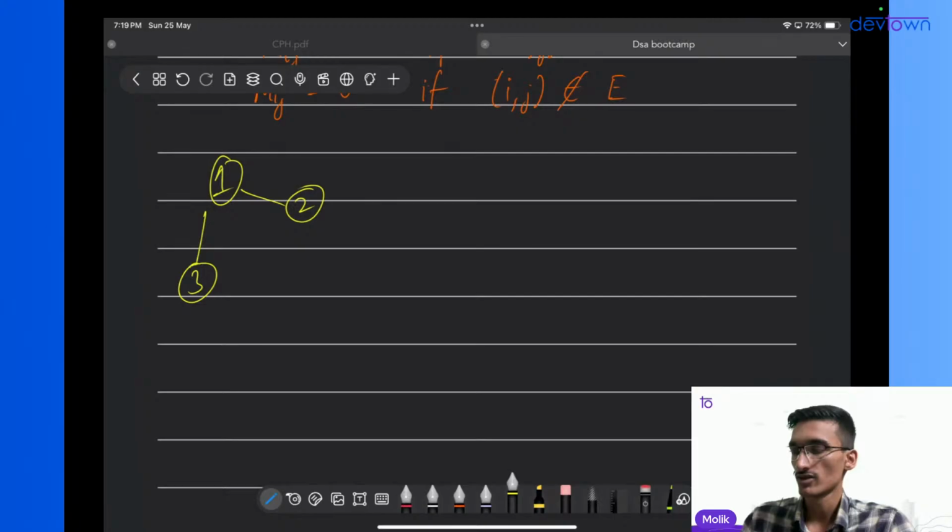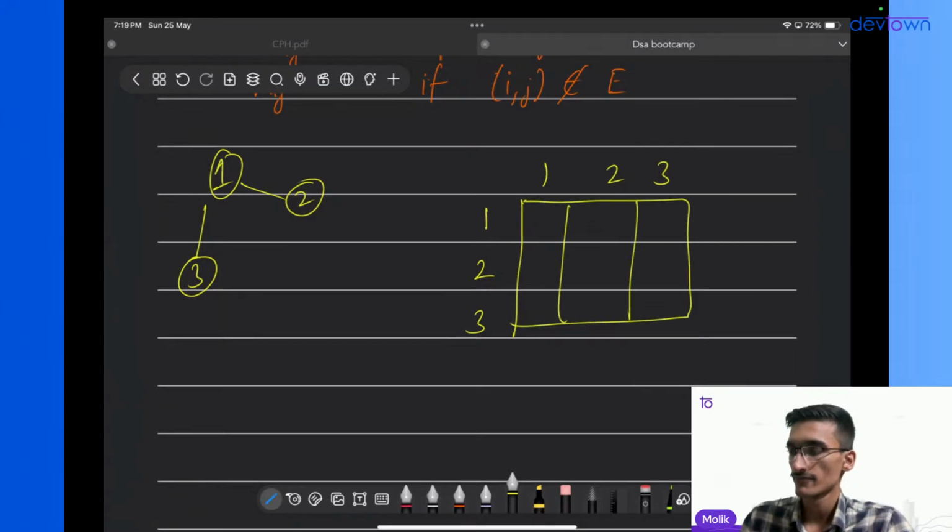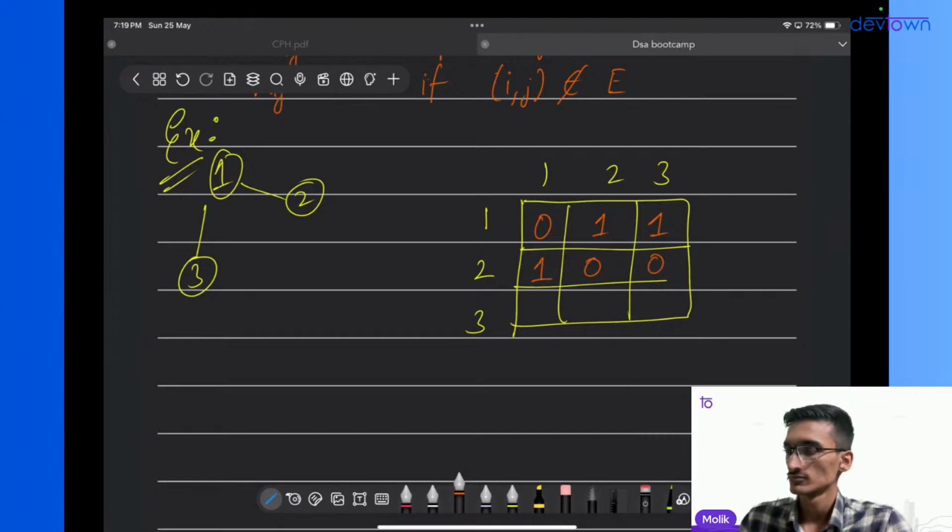The adjacency matrix for this will be 1 2 3, 1 2 3. This will be the adjacency matrix.